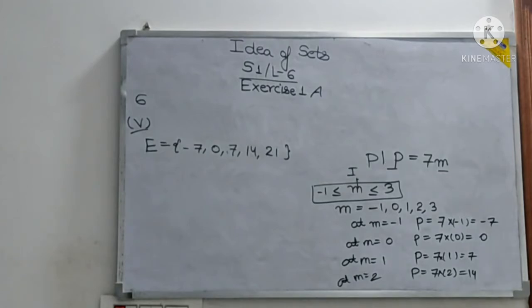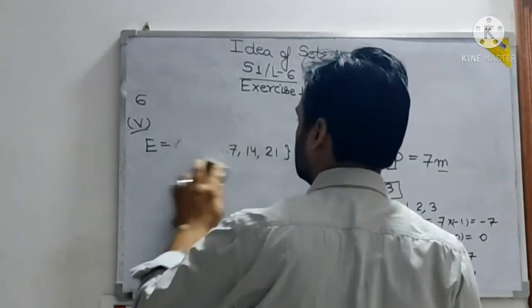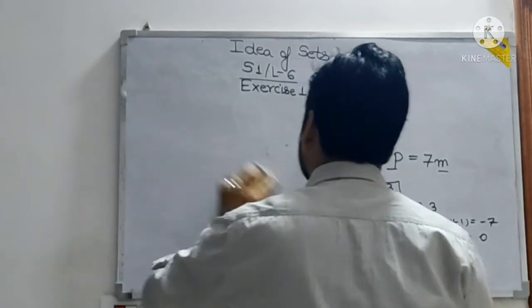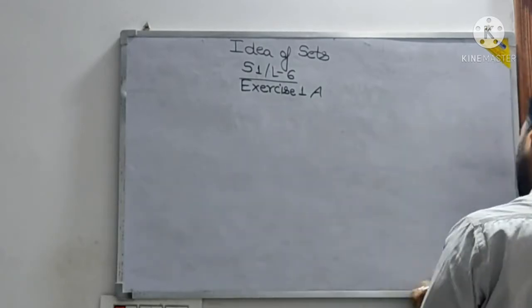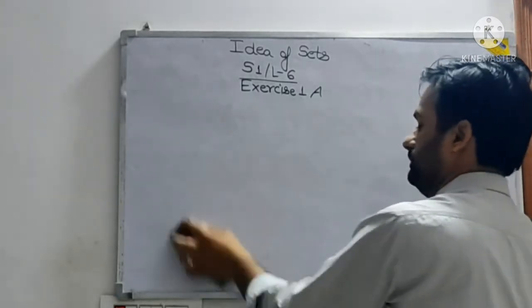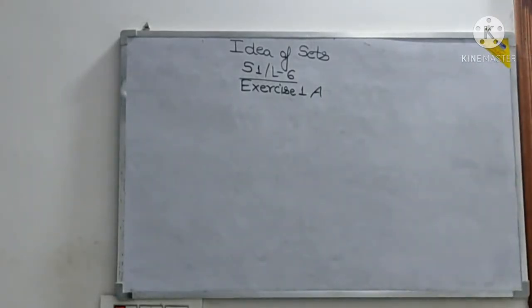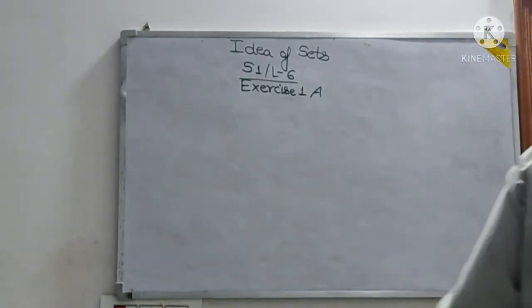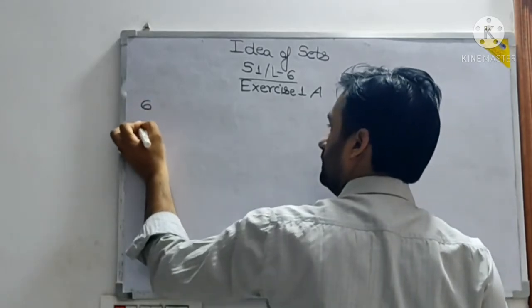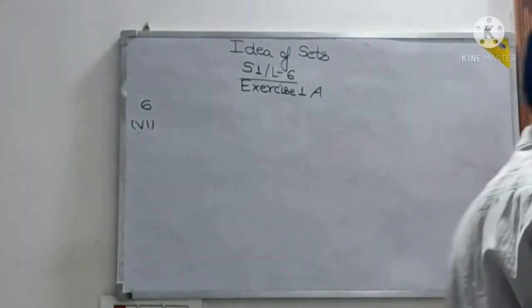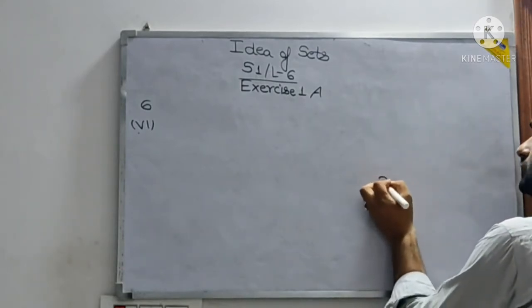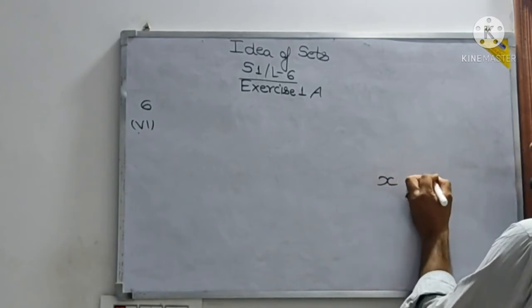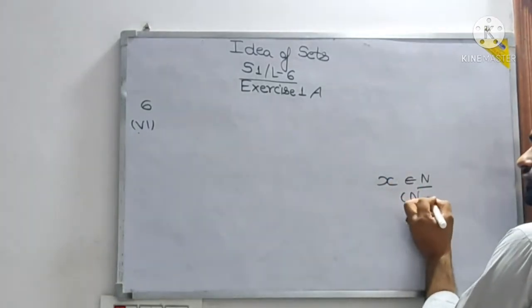Let me take the sixth part. Sixth question, sixth part. X is an element of N. So x is an element of N means the group of natural numbers.